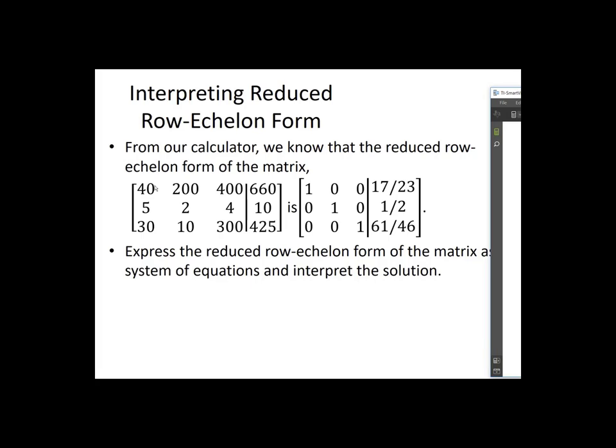Actually, let me back up, I'm going to change this value. The second row, 5, 2, 4, I'm going to make that 25 to match the example we've been doing.